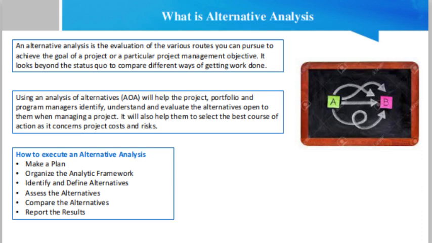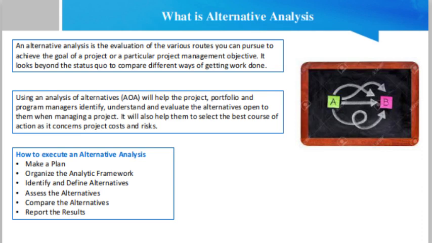It looks beyond the status quo to compare different ways of getting work done. These factors can be operational, such as cost, risk, and effectiveness, as well as the potential shortfalls of those operational factors. To perform an alternative analysis, you use tools such as life cycle costing, sensitivity analysis, cash flow analysis, and cost benefit analysis.